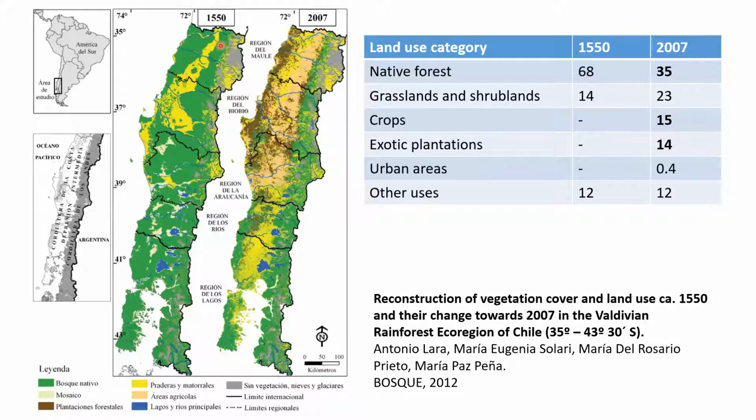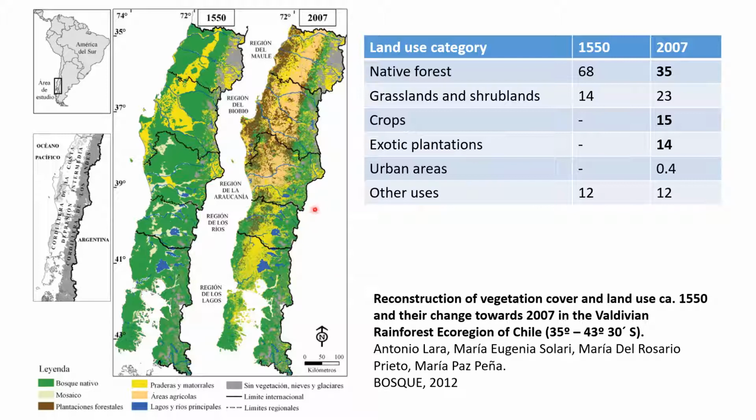However, the most dramatic changes we observe at the present, with the important loss of native forest and its replacement by crops and exotic plantations like pinus and eucalyptus. Despite this, we notice important differences between the northern and southern areas in this region.